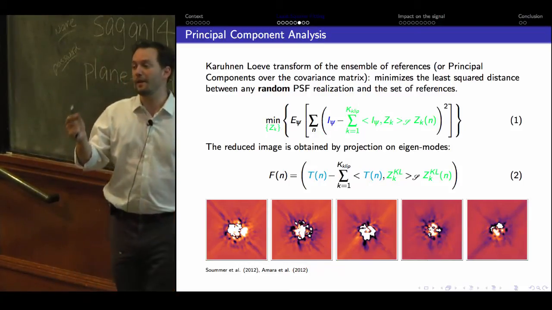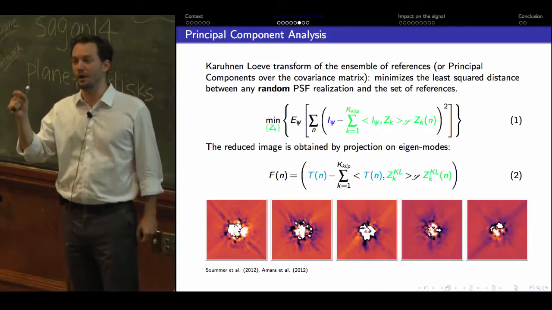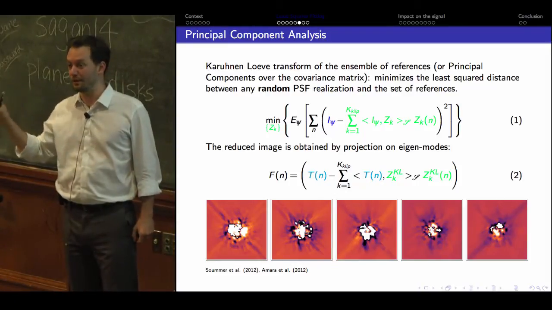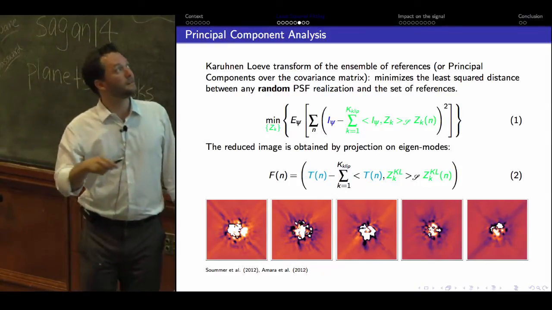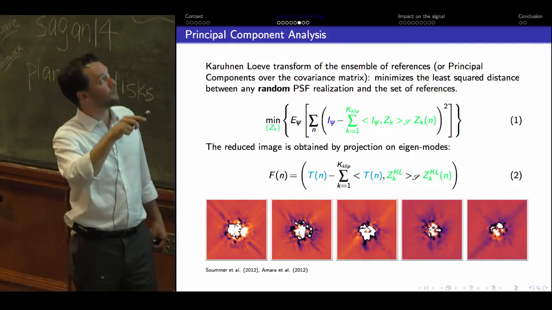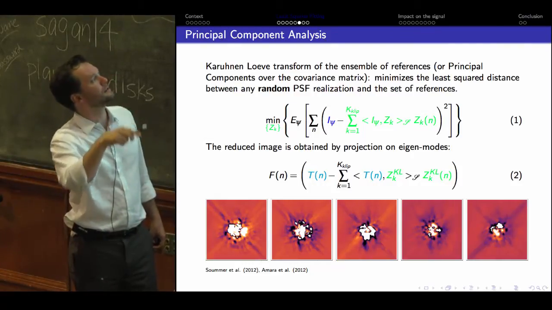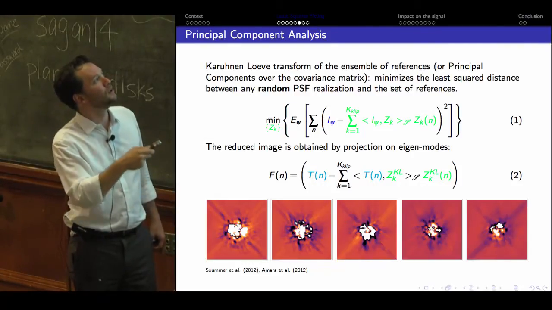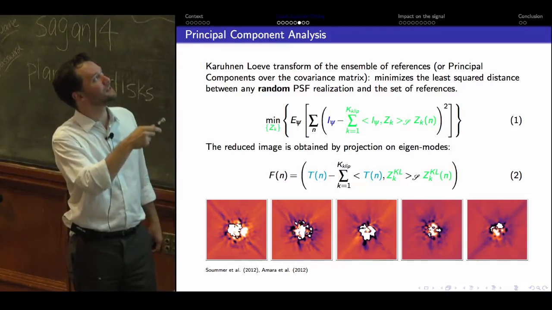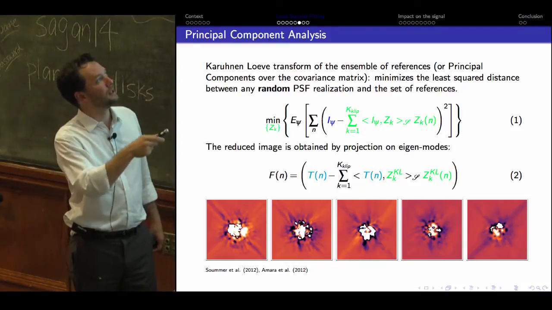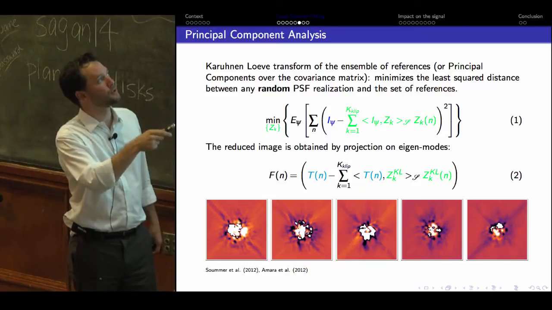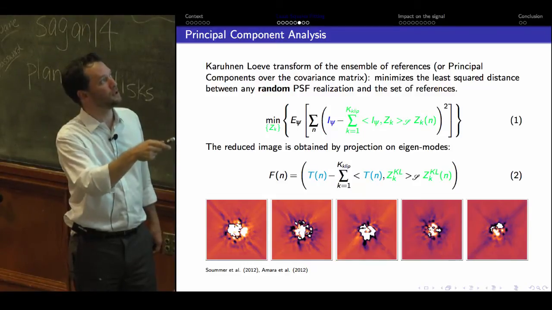You're trying to find the best representation of your point spread function. That's a complicated one to actually explain. But you're going to get what we call these eigenimages, and you're going to project your instrument response on these eigenimages.